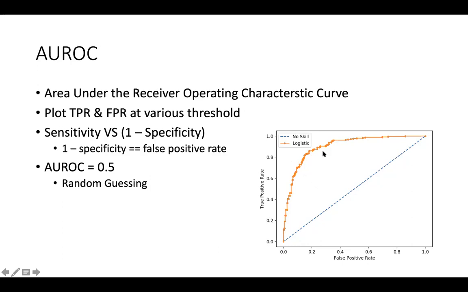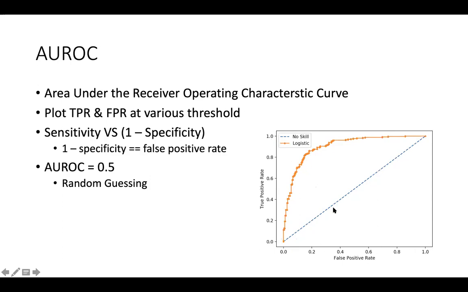And the larger the area under this orange curve, the better the performance of the model. If the plot was a simple diagonal line, the area under it would be 0.5.